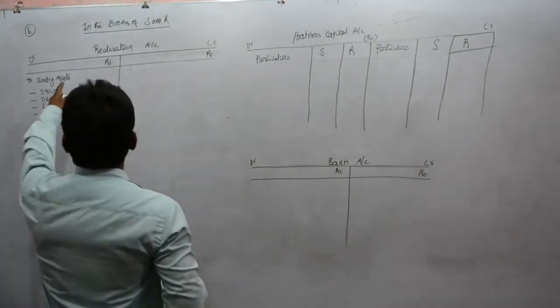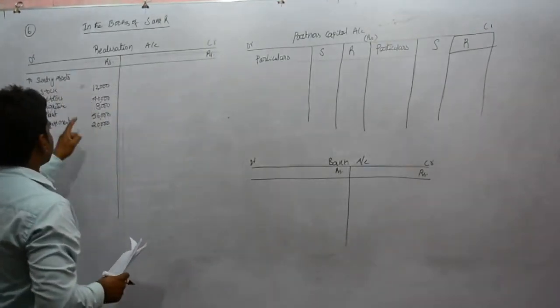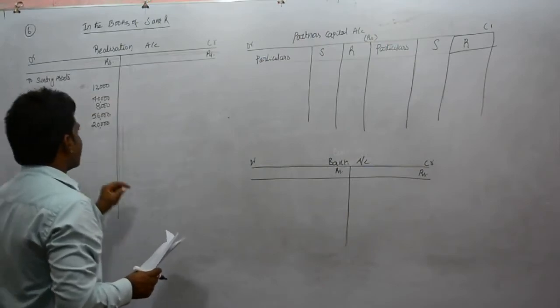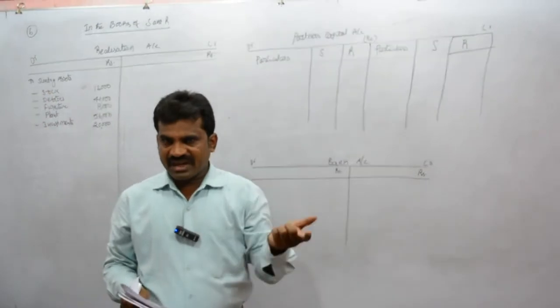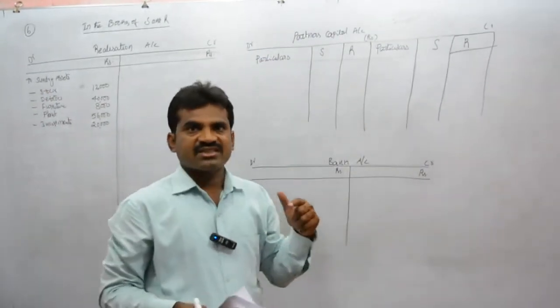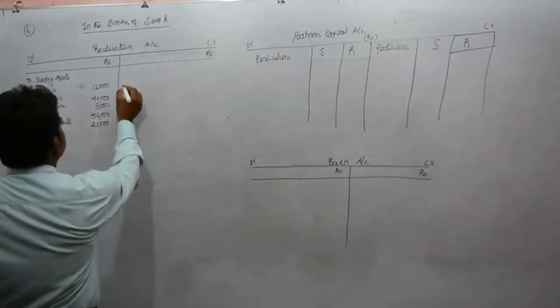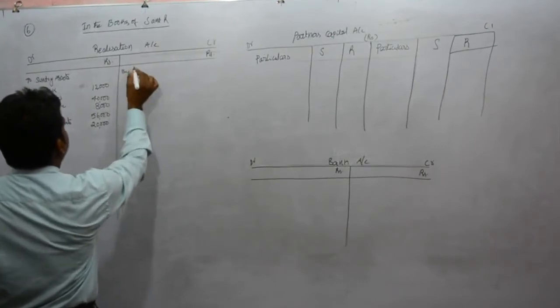Then so, the total assets we have transferred from the balance sheet. See here, debtors we have transferred at 40,000. Why? Debtors is a separate account and provision for debtors is a separate account. Therefore, transfer the provision for debtors to the credit side.